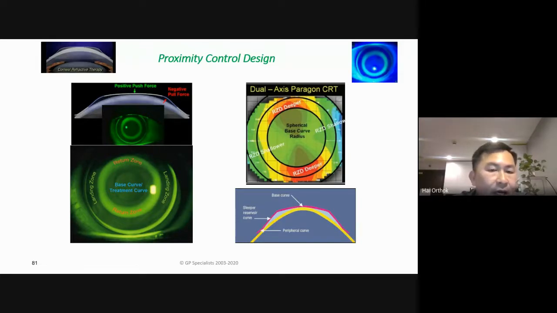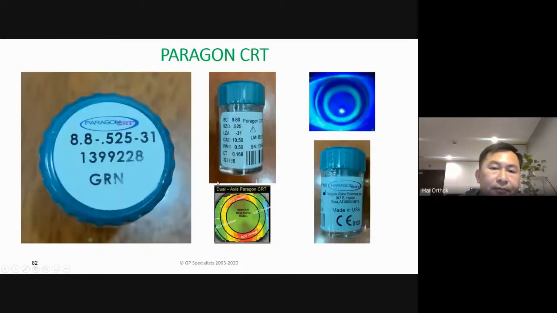And the thickness of the Paragon CRT lens is only 1.89 millimeter compared to 2.4 millimeter in other designs. So it is a very good lens design for low myopia, especially under 6 myopia.